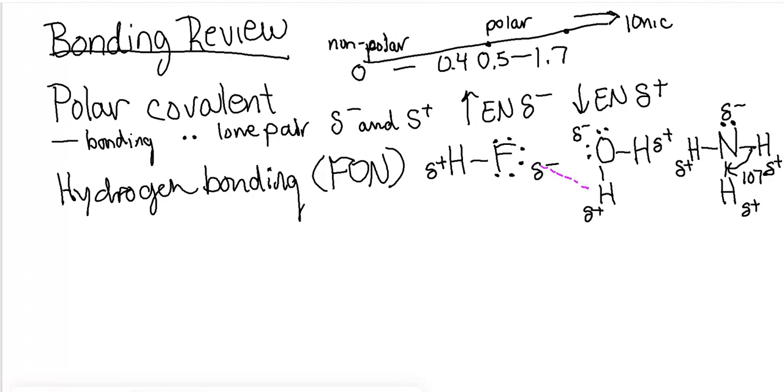And this will be a pyramid. Remember, tri is supposed to remind you of 3. So if you see 3 bonds at the central atom, you're going to say to yourself, are there any lone pairs? If there are lone pairs, you're going to say it's pyramidal. If there's no lone pairs, you're going to say it's planar. This has 2 lone pairs, so it'll be 105. And remember, this is not a straight molecule. This is a bent molecule.